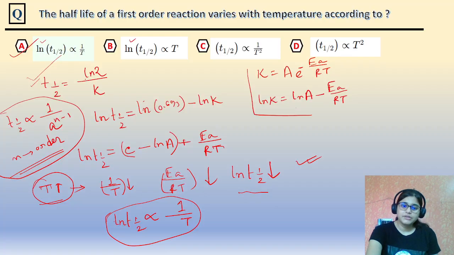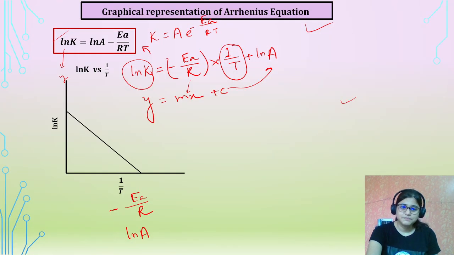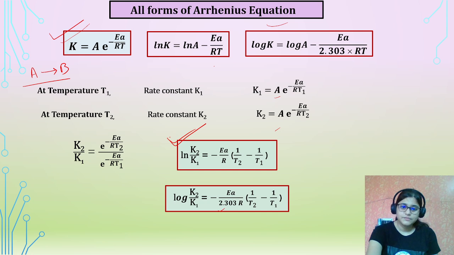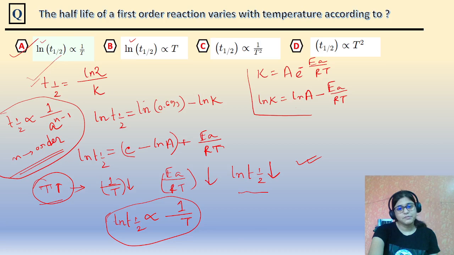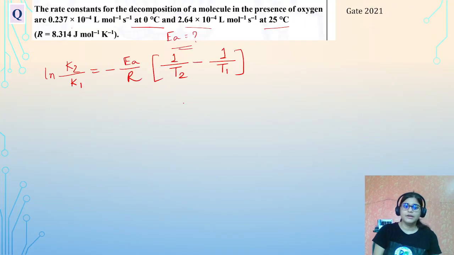If you forget about this, just see here. ln K2 by K1 equal to minus EA by R into 1 by T2 minus 1 by T1. Fine. Here T2 is the final temperature, the second temperature, which corresponds to K2.